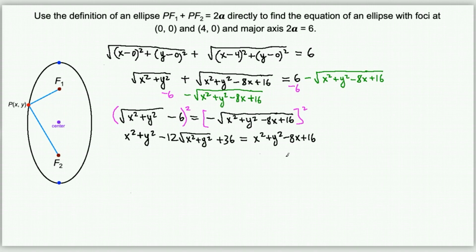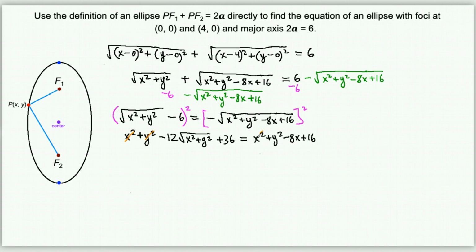Okay, so now notice what we need to do now. We need to actually get rid of this square root. We have to move the 36 to the right side, and also we have to get rid of these x squared plus y squared terms, right?